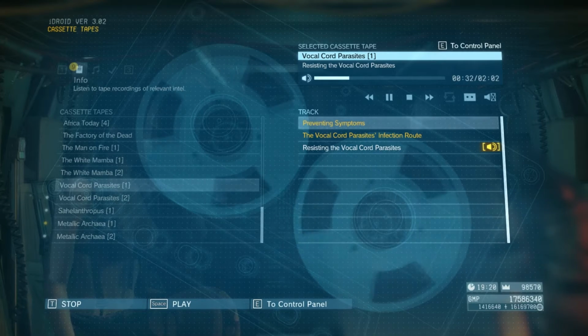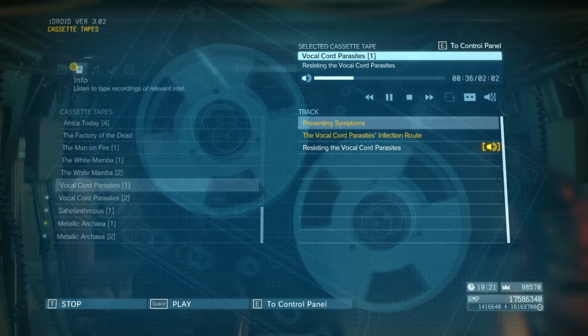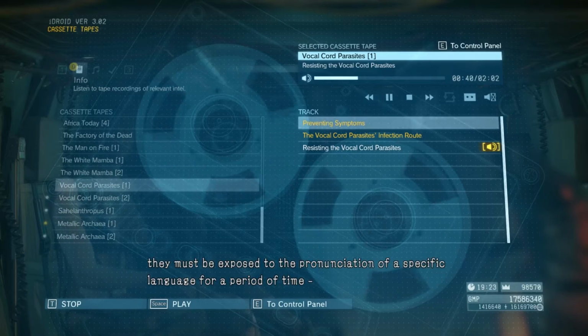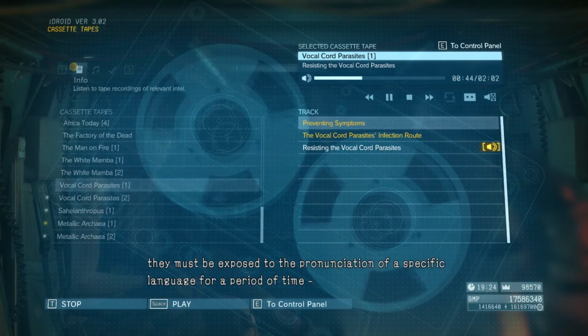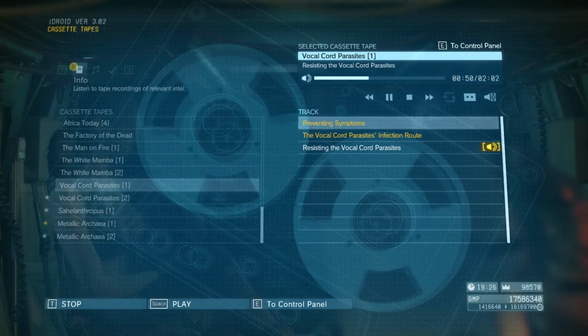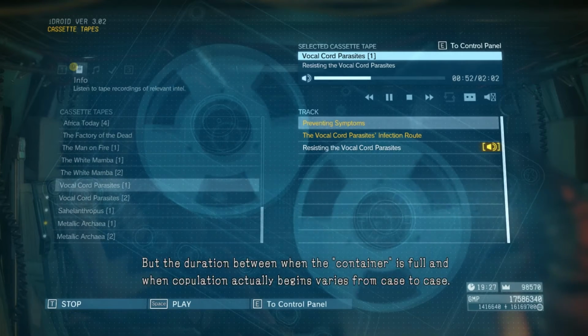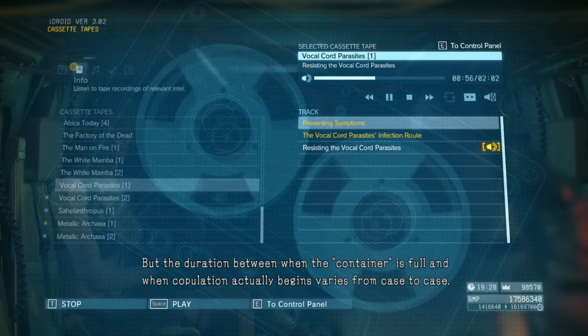Second, there is the matter of how the parasites lay their eggs. Before they can copulate, they must be exposed to the pronunciation of a specific language for a period of time, like a container filling with water. But the duration between when the container is full and when the copulation actually begins varies from case to case.